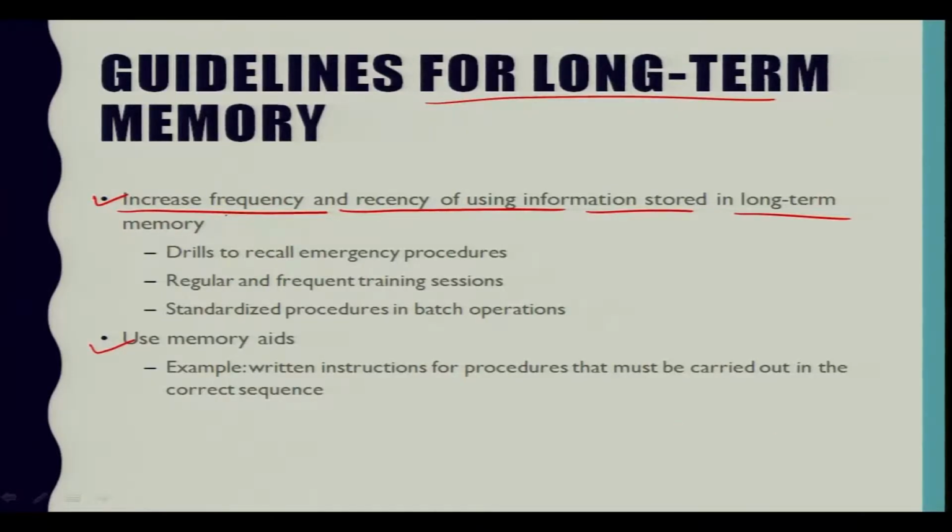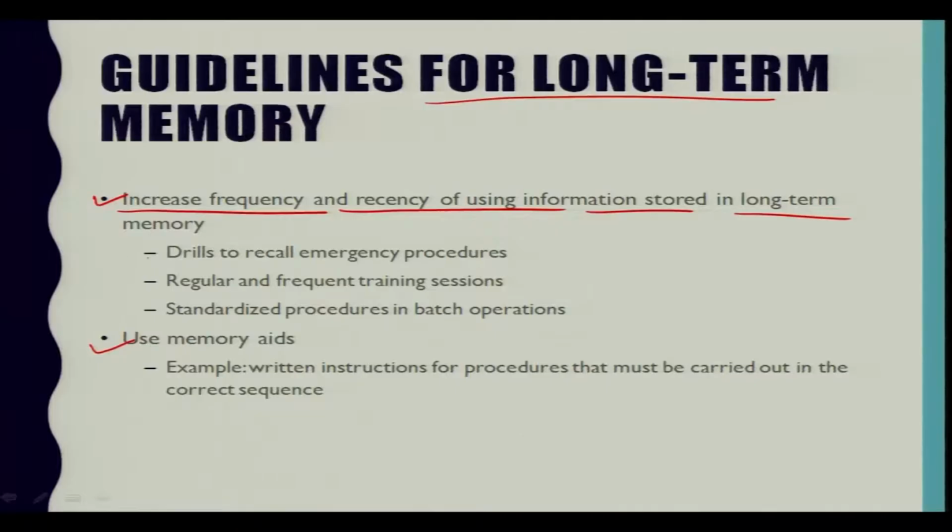Retrieval of specific pieces of information from long-term memory is aided by increasing the frequency and recency with which it is recalled. There are several ways these guidelines can be implemented.